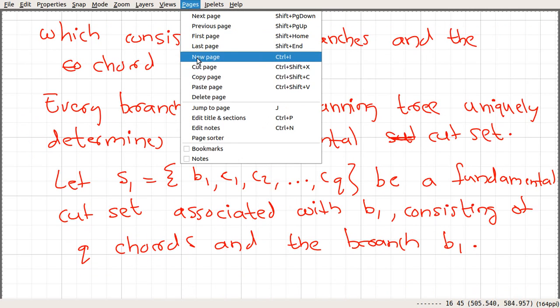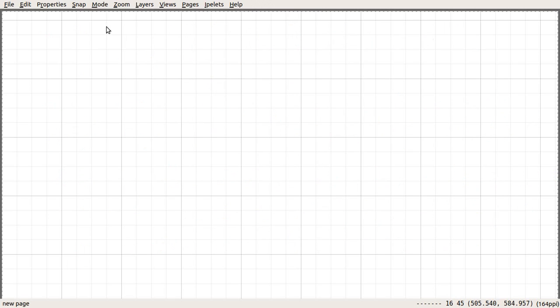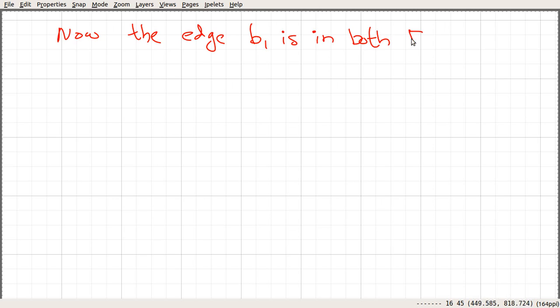That we proved in the previous video. So the edge B1 is in both F and S1, and in an earlier video we proved that there must be an even number of edges common in a cut set and a circuit.